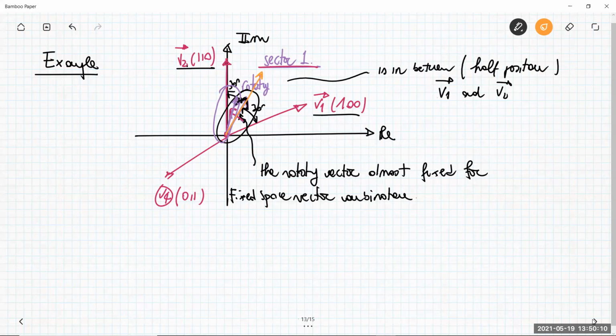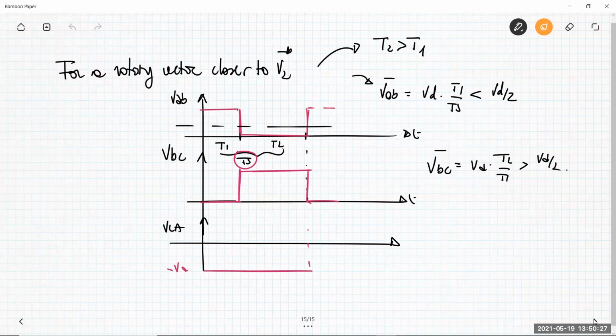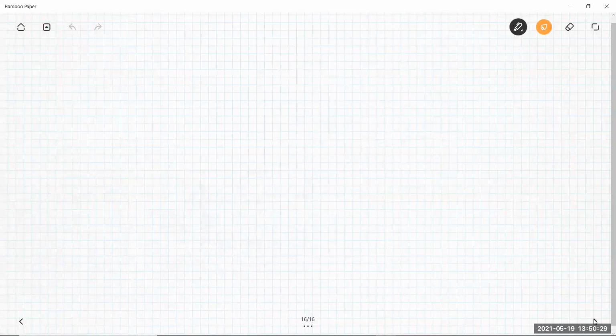So what happens if I want to synthesize something bigger, or smaller? Using T1 and T2, I can choose the orientation, the position, but not the amplitude. In which way can I modulate the amplitude?